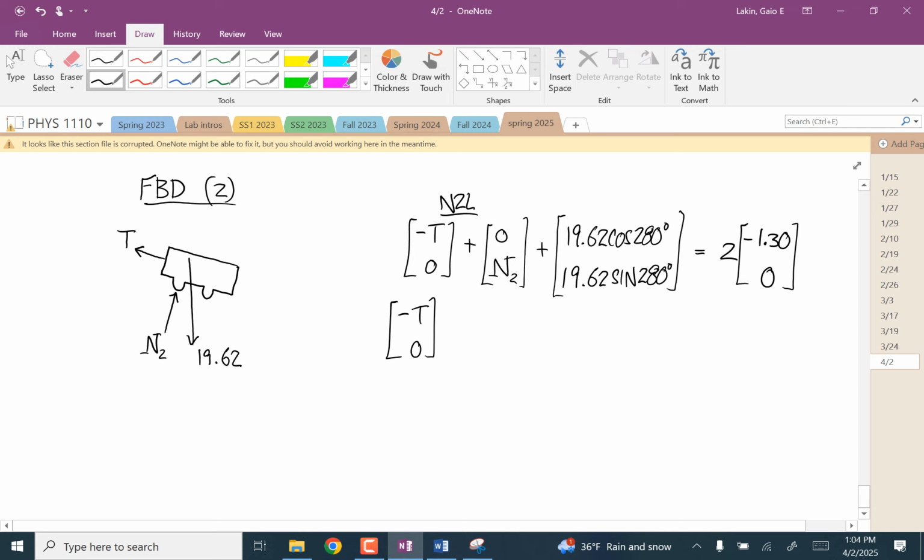So let me write it out again with this weight force calculated. Negative T, 0, 0, N2, so this comes out to be 3.41, negative 19.32, and that's equal to 2 times negative 1.30, 0.